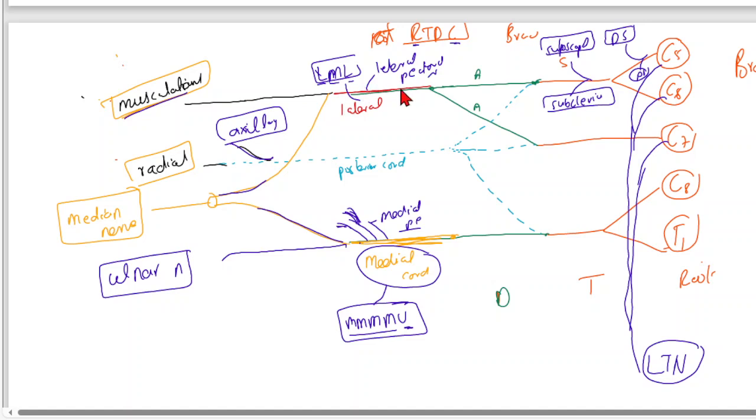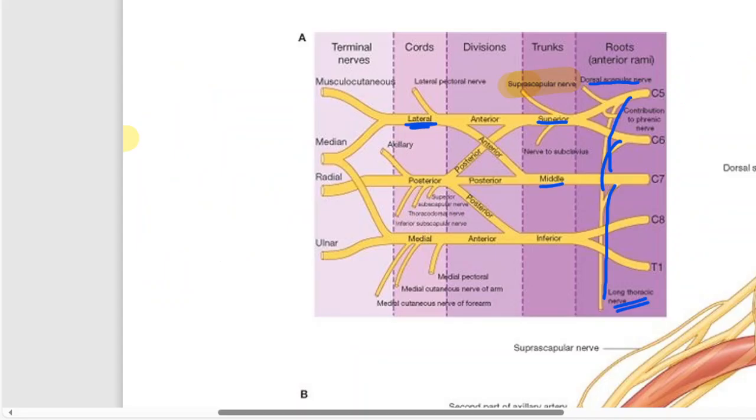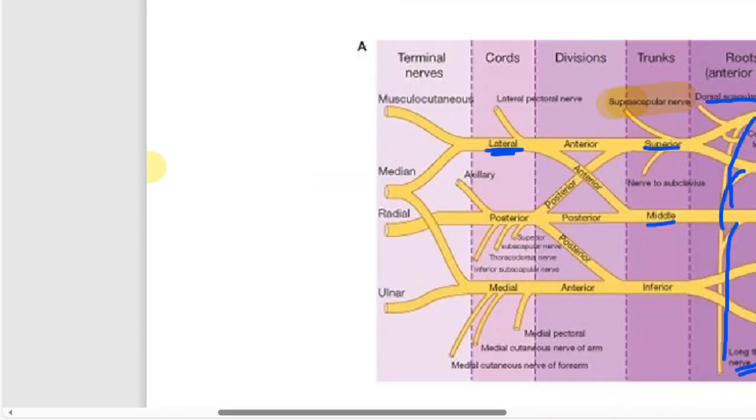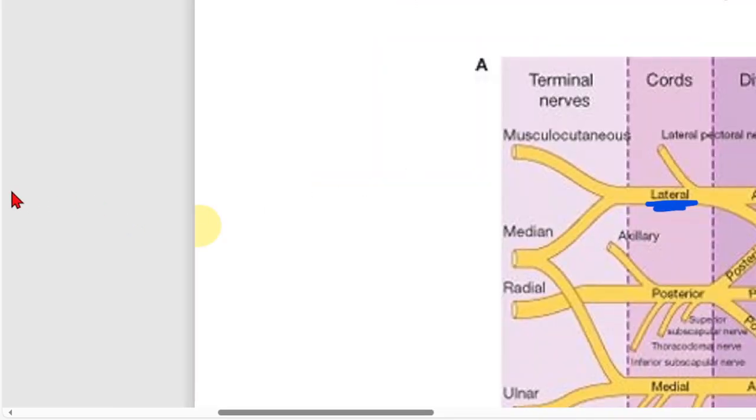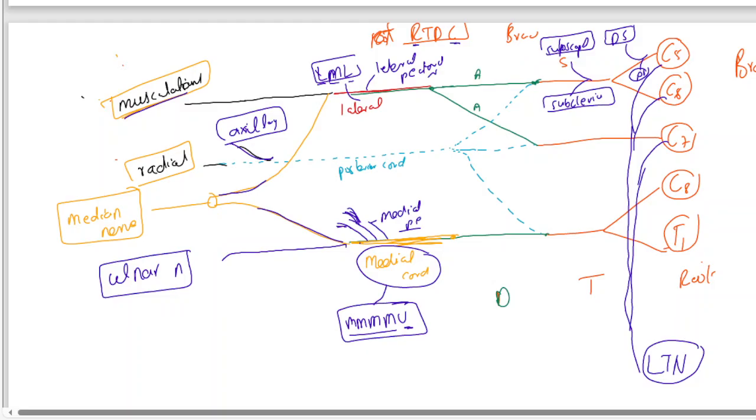Okay. Now from the posterior cord, what nerves arise? To remember this, you have to understand that from the posterior cord there are also three nerves.